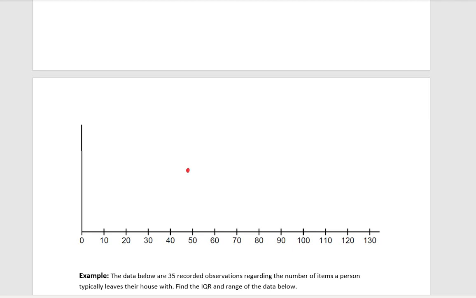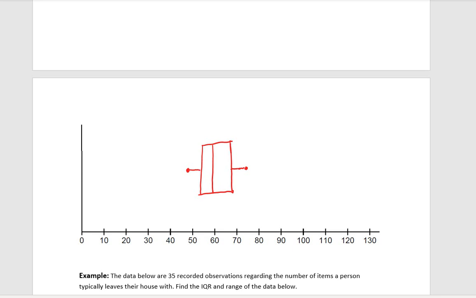Then we're going to go to Q1. So let's see, Q1 was 50. Then we're going to go to our median, which was 54. Then Q3, which was 64, so about right here. And then the next one we're going to do is our highest non-outlier, which was 70.